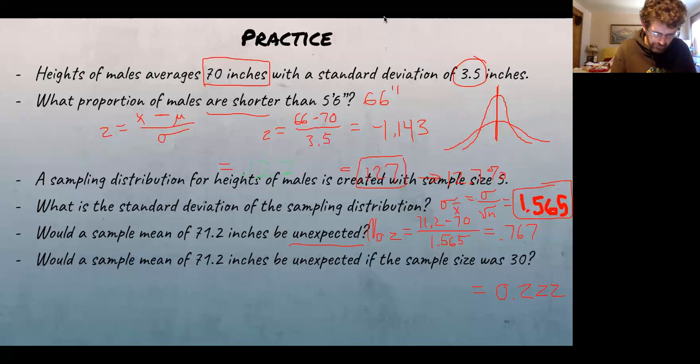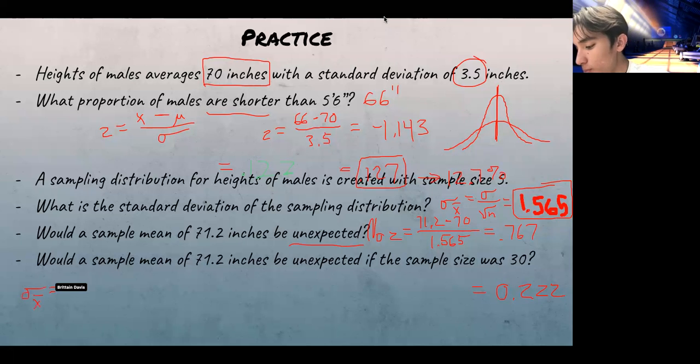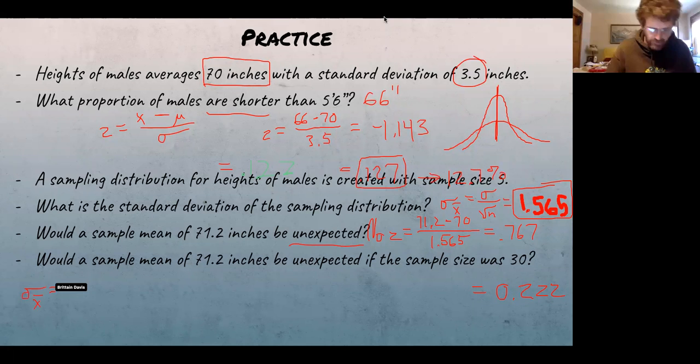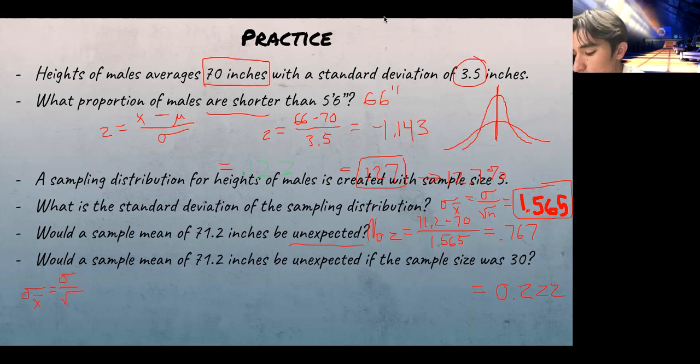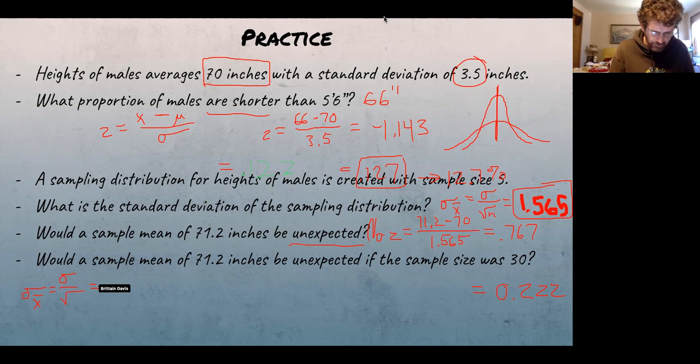I'm going to add some notes about what you're saying. So the first thing you did was find the standard deviation for the sampling distribution. And what was that? 0.639. All right, 0.639.